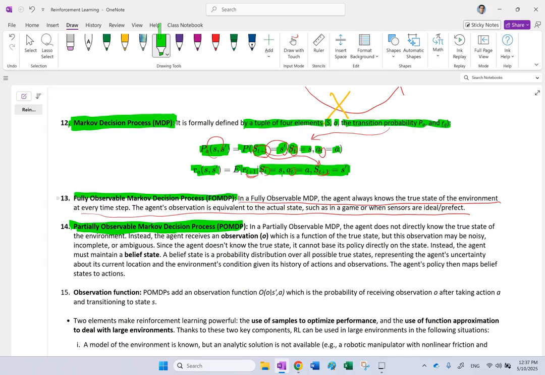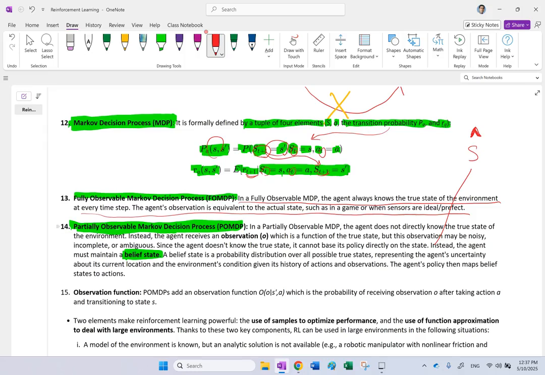So in those cases, the state that you think you are in is just an estimate, and it's what we call a belief state. This is an approximation of the actual one. So instead of having S, in this case, you have S hat. You have an approximation of the reality. You don't have the actual one. You have a belief state.